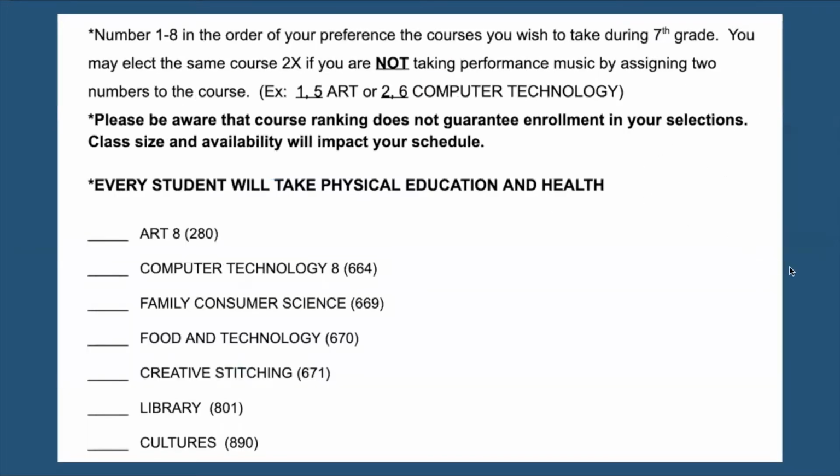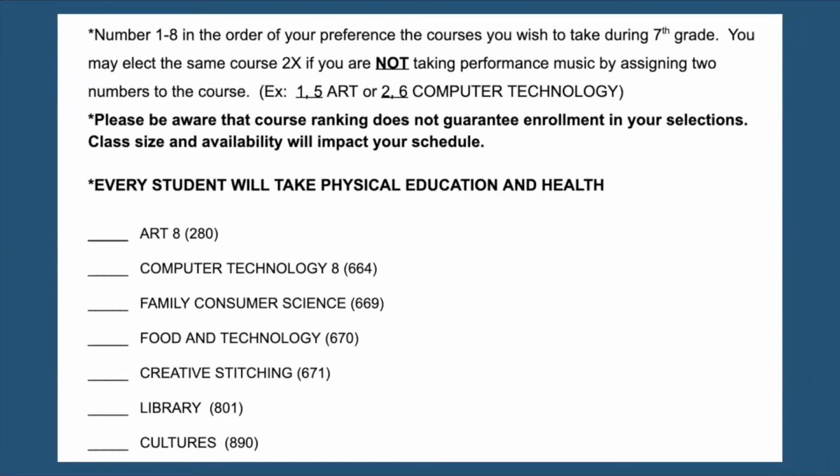Here, it might get a little complicated, but I promise you it's not. You are going to rank from 1 to 8 all of your preferences. Now you can see there's only 7 choices, but you do have an opportunity to take some things twice.